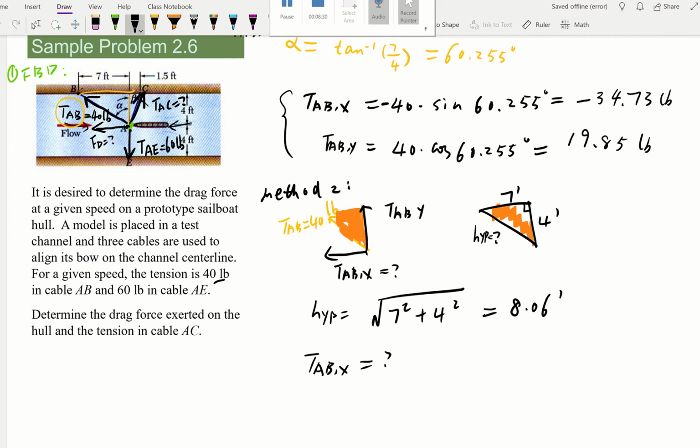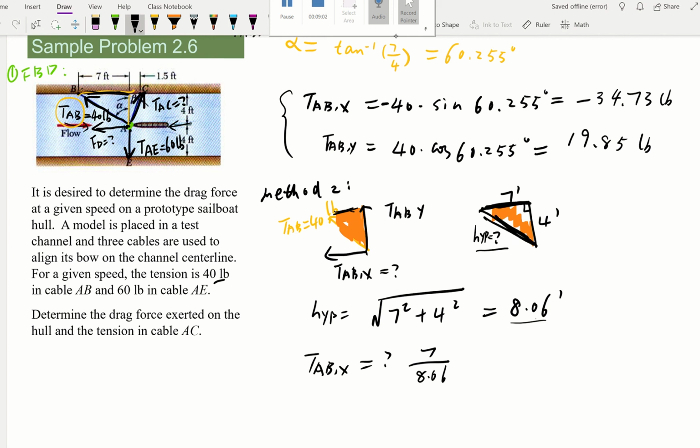So in that situation, if I want to find this x component, which is right here, this x component will be parallel to this 7 foot, right? 7 foot is right here. It's the x direction. So I'm going to use proportionality. So watch out. It's going to be 7 over hypotenuse. The hypotenuse you just found out, 8.06. So in this triangle, I'm using the geometry, using the length, 7 foot right here, over this hypotenuse, 8.06.